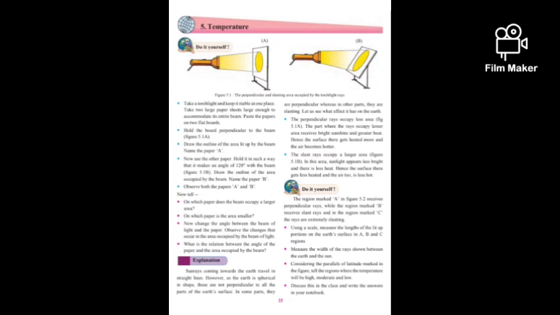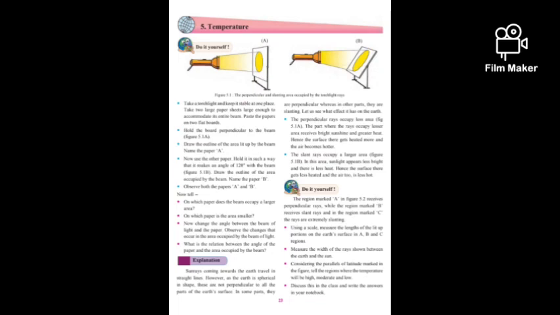In figure A, the torch light falls perpendicular on the paper, and you have to just mark a circle up to how much area is covered by the torchlight.